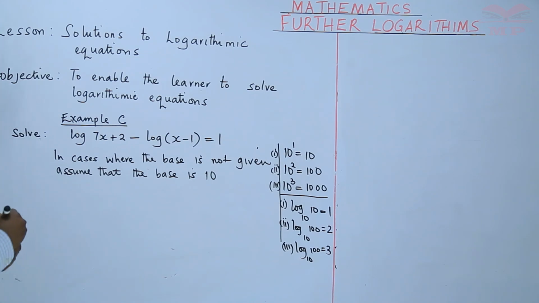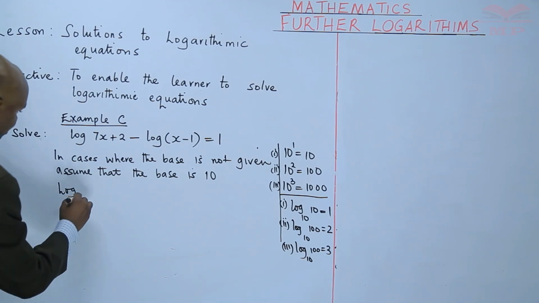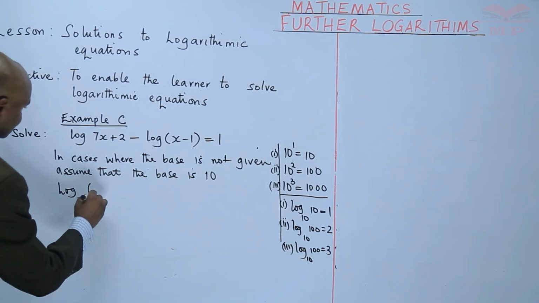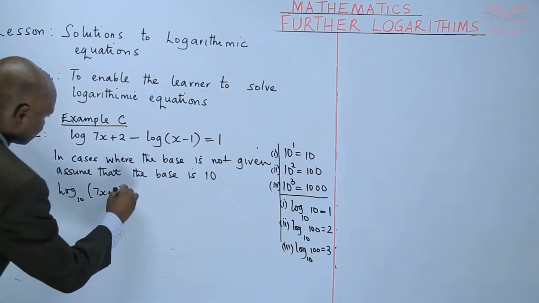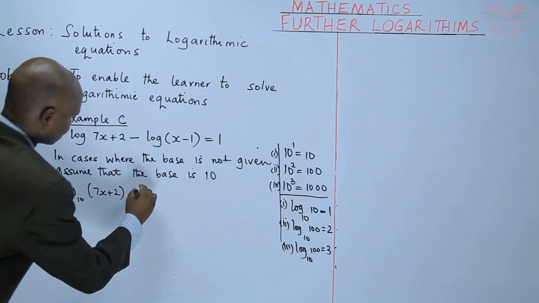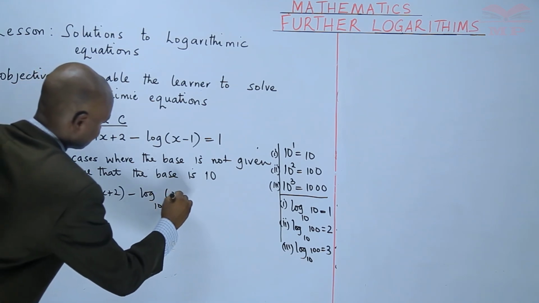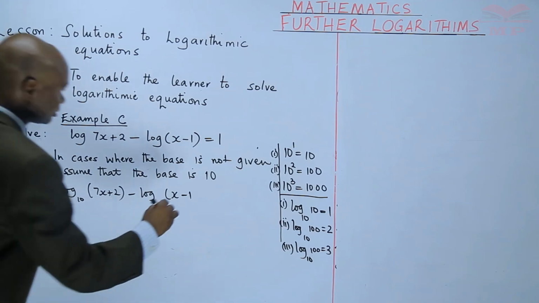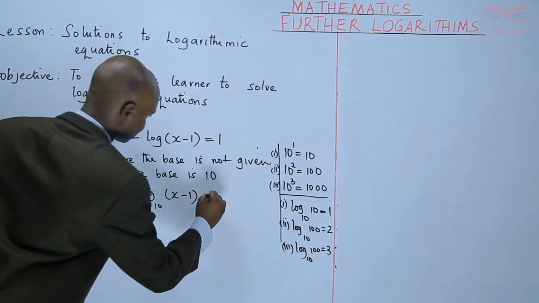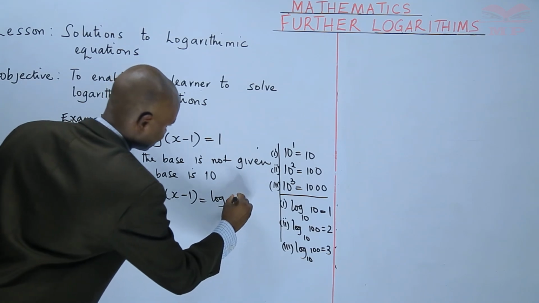So this can be written as log to the base 10 of 7x plus 2, subtract log to the base 10 of x minus 1, is equal to the log to the base 10 of 10.